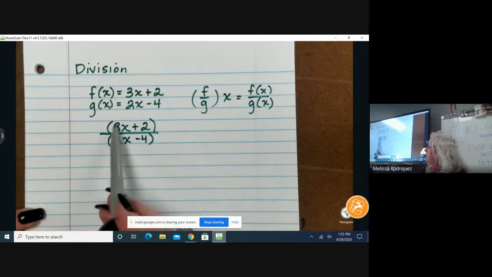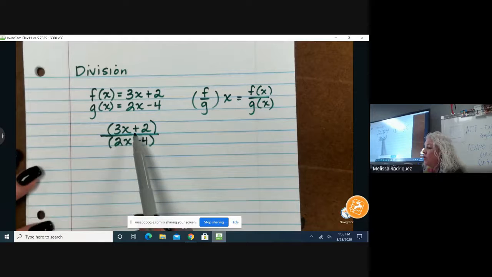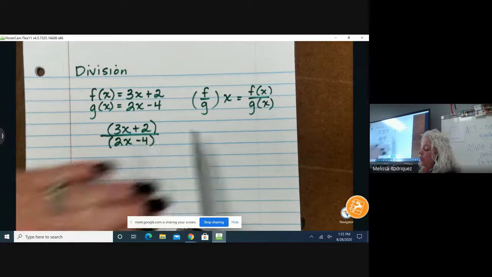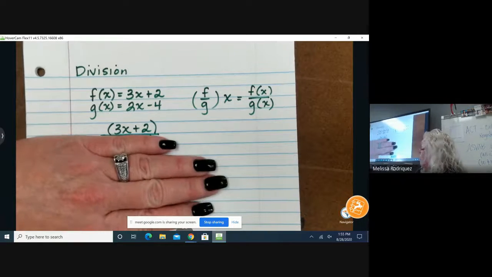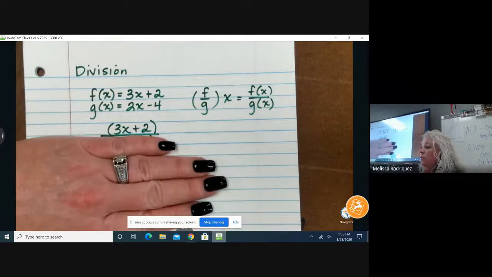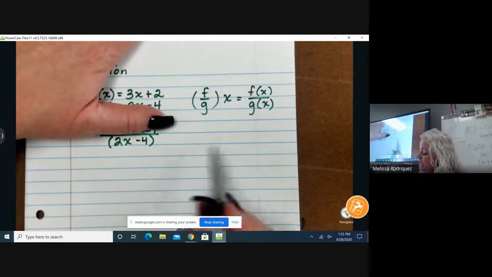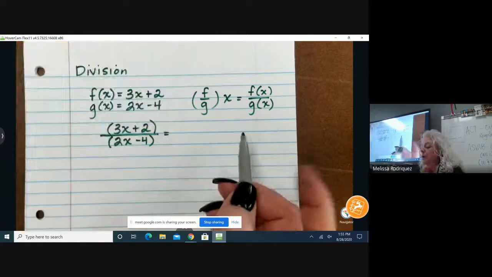And when I'm looking at this top function, f of x, I look to see, can I factor that at all? Only look at the top. Are they both divisible by 2? No. Never mind. So I can't factor anything out. Look at the bottom. Can you factor anything out? Yes. A 2 can come out of that one.